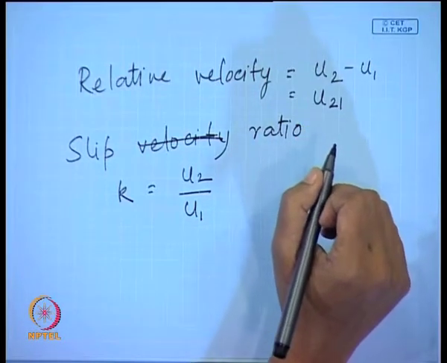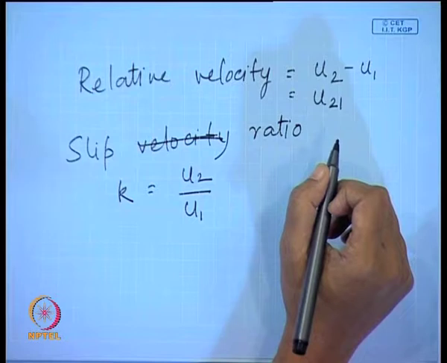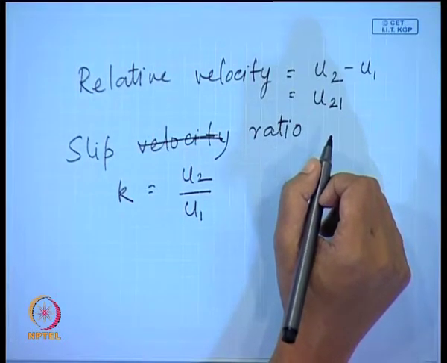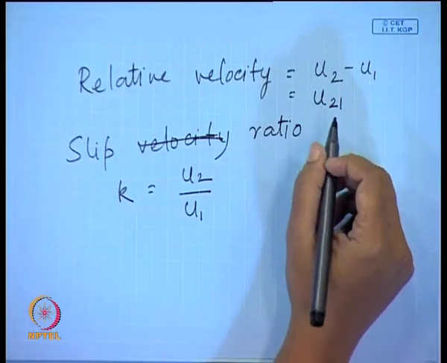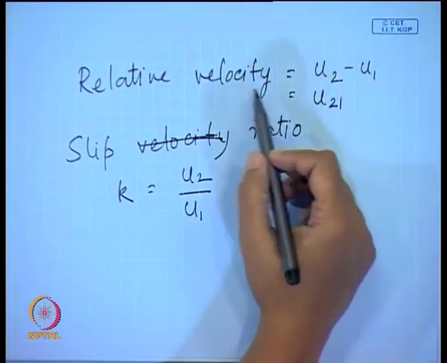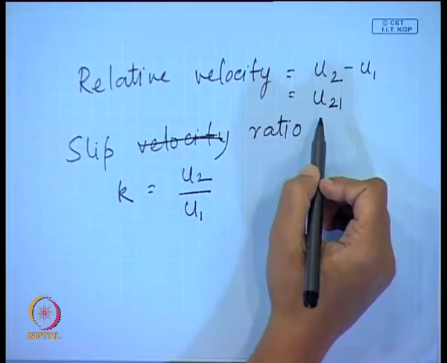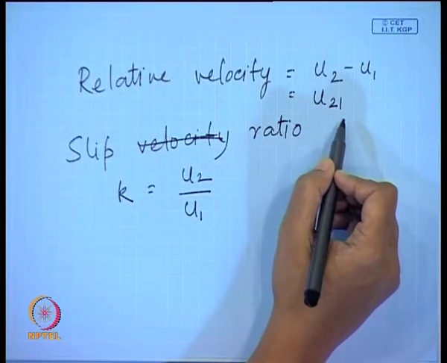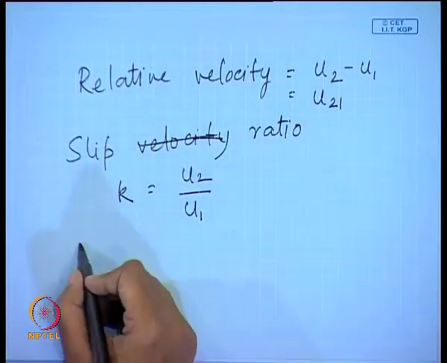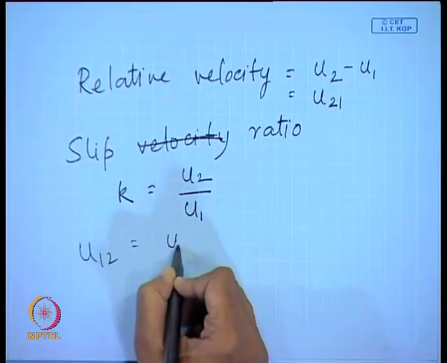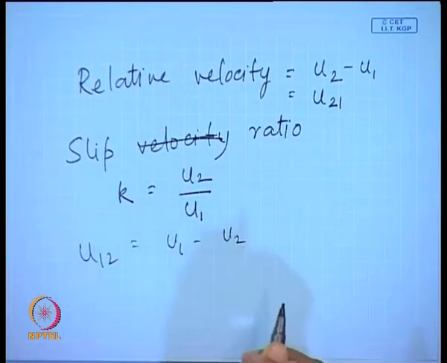Just note, when you refer to relative velocity, u21 is u2 minus u1. You agree? If we define it as u12, this will be u1 minus u2.